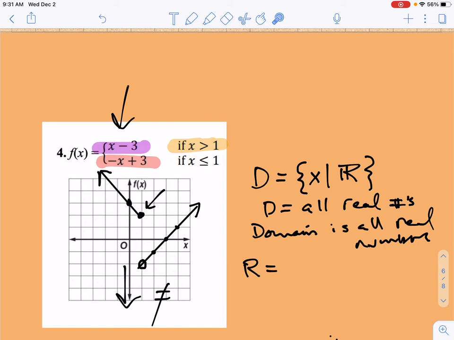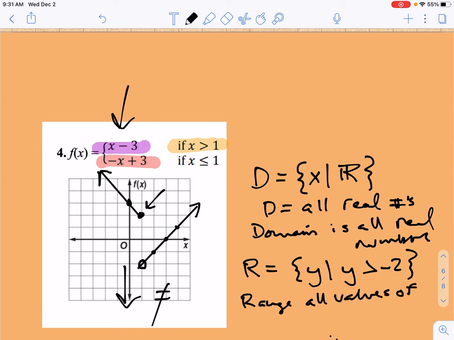So we are going to say that our range is y, and in set builder notation, it's basically anything where y is greater than -2. Or you could say range, all values of y greater than -2. Those are both accurate representations. I like the set builder notation because it's quick. But if you're more comfortable just writing it out, then write it out.